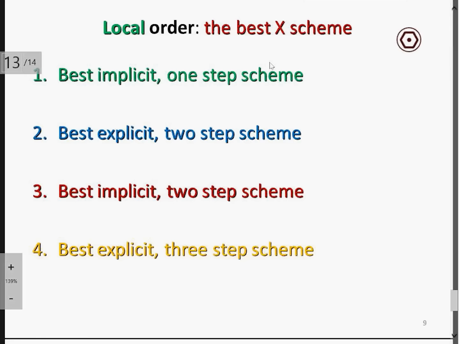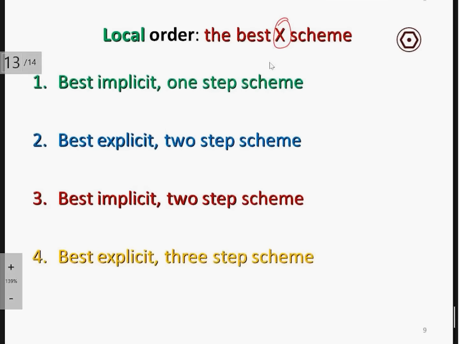And X means one of these 4. I'd like you to form a team with 1 or 2 other persons and commit to either 1, 2, 3, or 4, and figure out how to design a scheme to make it as accurate as possible.